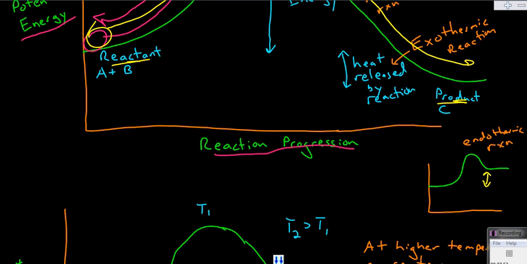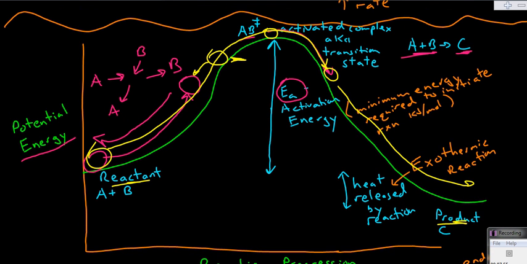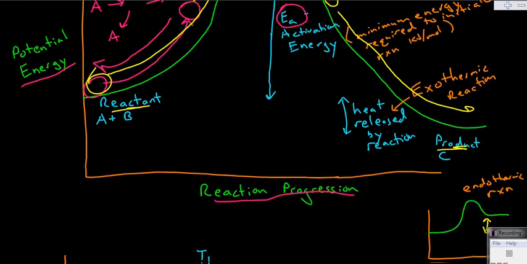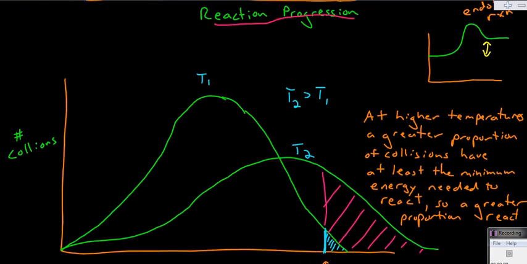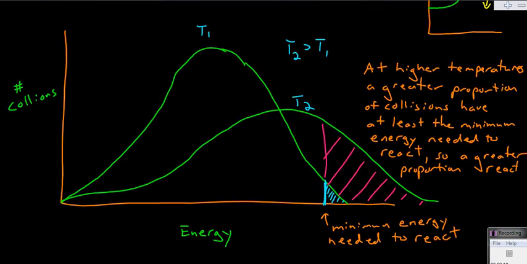Now, we mentioned here that the amount of kinetic energy and hence potential energy resulting from that is essential to the reaction rate. We can describe this using the following diagram, where you can see that there are a certain number of collisions with certain energies.